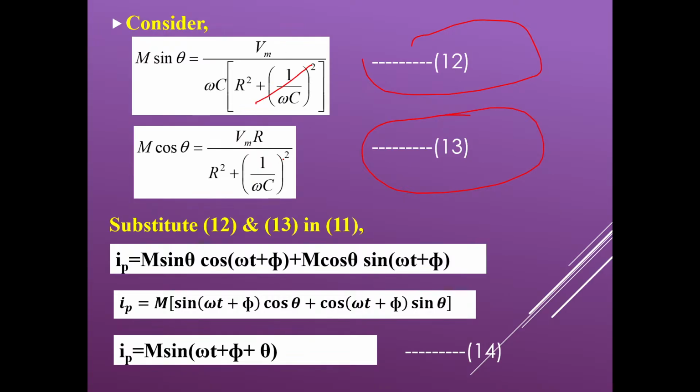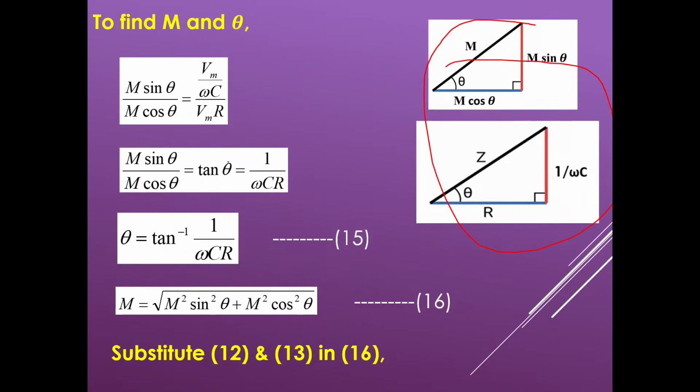This term will be cancelled, this term will be cancelled, Vm will be cancelled, and what is left over is 1 by omega RC. So to determine theta, take the ratio of equations 12 and 13, or go for these triangles. Theta equals tan inverse of (1 by omega RC). That is our equation 15.